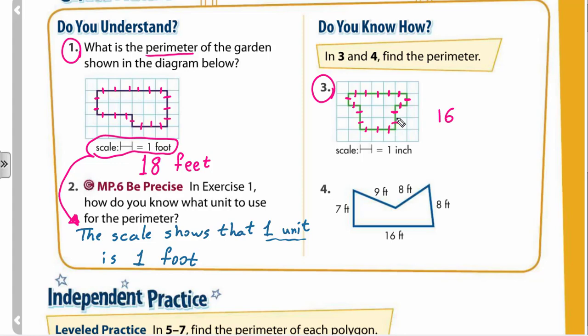You see the marks that I am using here? The marks I'm using. Okay, so try to count it again. It's 16. And what unit should we use? 16 feet or centimeters or inches or meters?